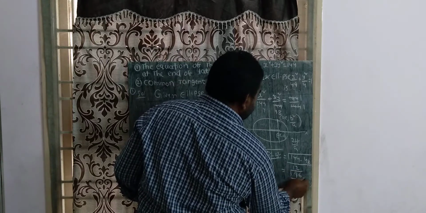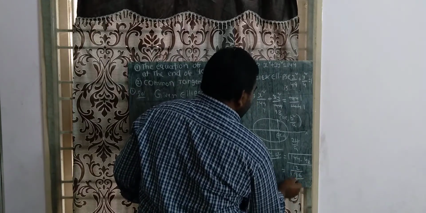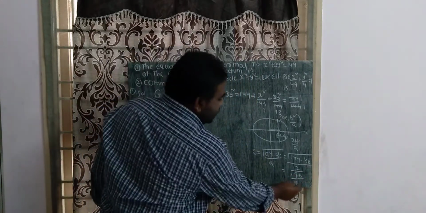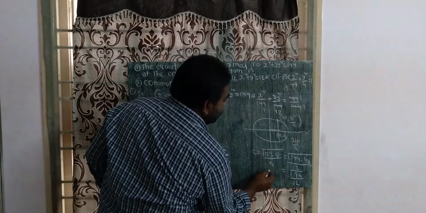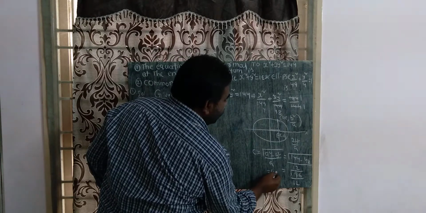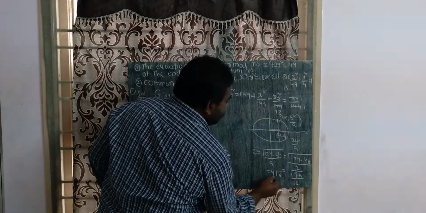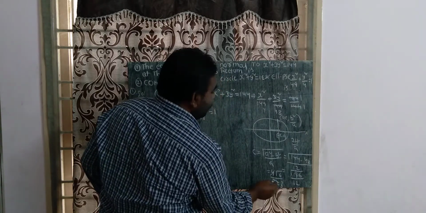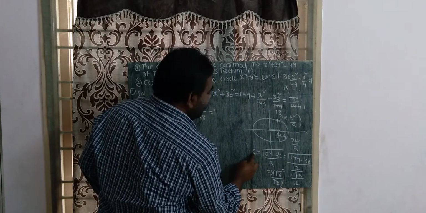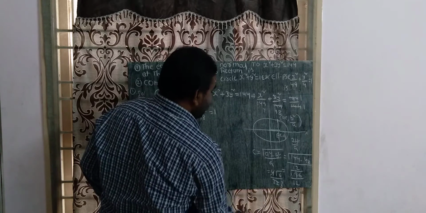Square root of 96 by 12. Here 96 can be written as 16 times 6. Square root of 16 is 4, so 4 root 6 by 12, which is root 6 by 3. The value of eccentricity e is root 6 by 3.